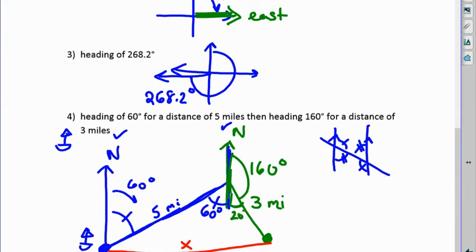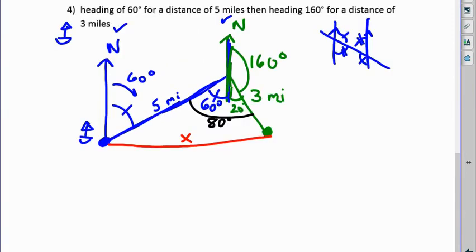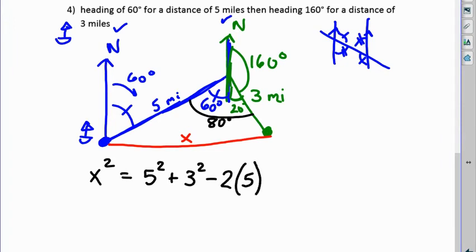That gives me enough information to find my side X. X squared will be, and if it helps you to label with A, B, and C, definitely do so, 5 squared plus 3 squared minus 2 times 5 times 3 cosine 80.